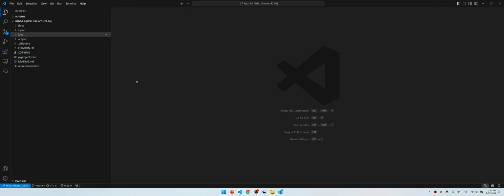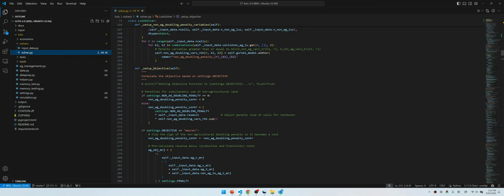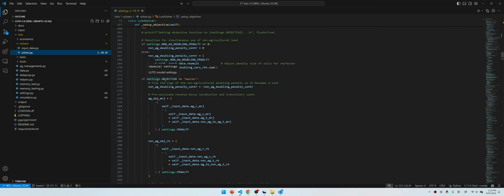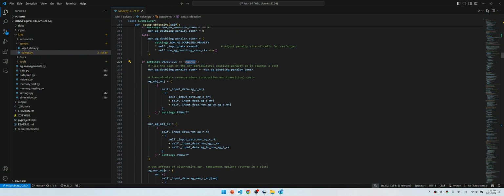Go back to the Luto code. Here in Luto solver, we can find this set objective function, which does exactly what we just talked about. It has two modes. If the objective is to maximize revenue, we will use this agricultural revenue. Please note this MRG.